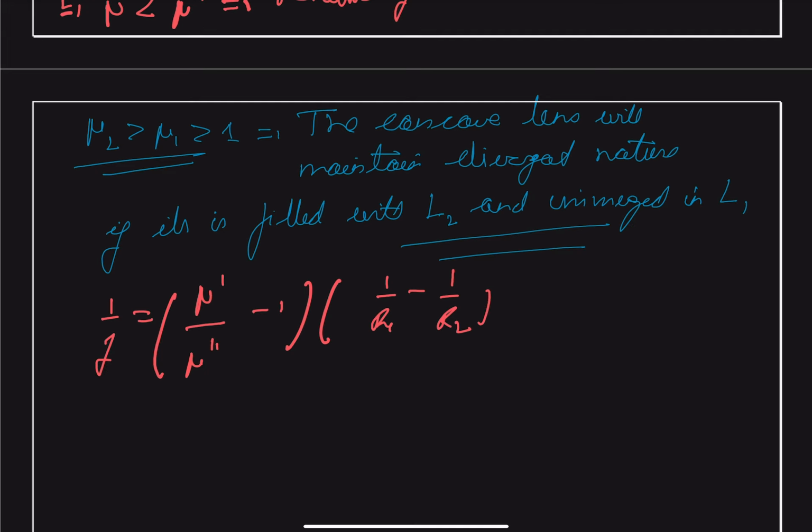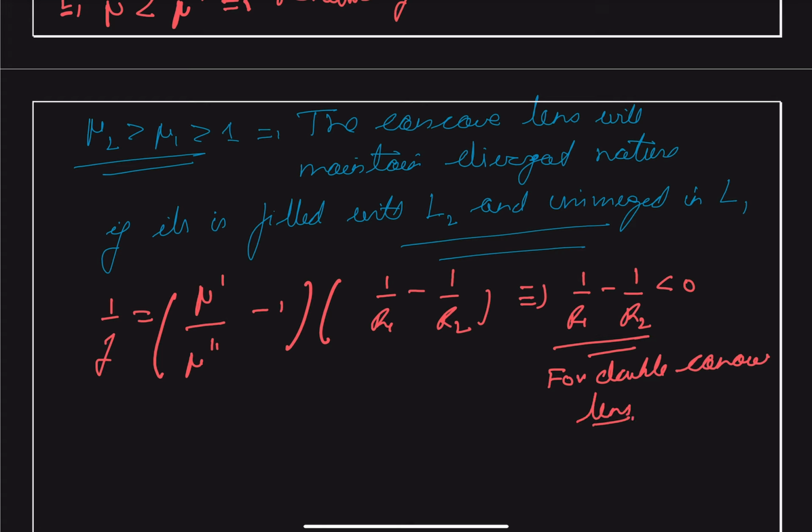Okay. And because it is a double concave lens, so you can say that the term 1 upon r1 minus 1 upon r2 is less than 0 for double concave lens.